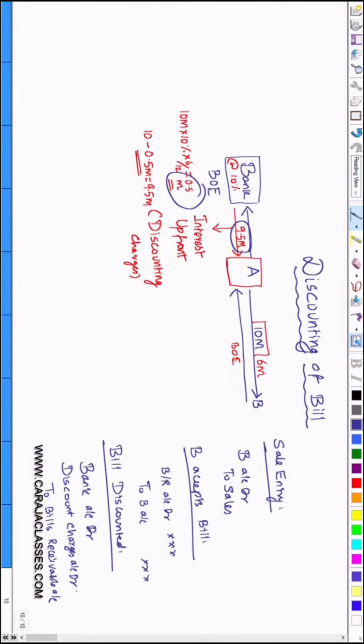So on the due date, the bank will send the bills receivable to the drawee. Okay, so the drawee will make payment to the bank. So it's a transaction which got settled between the bank and the drawee. So it is very similar to endorsee and drawee, right?